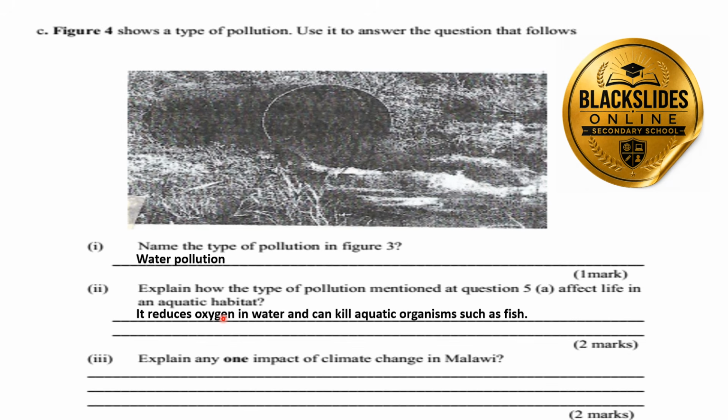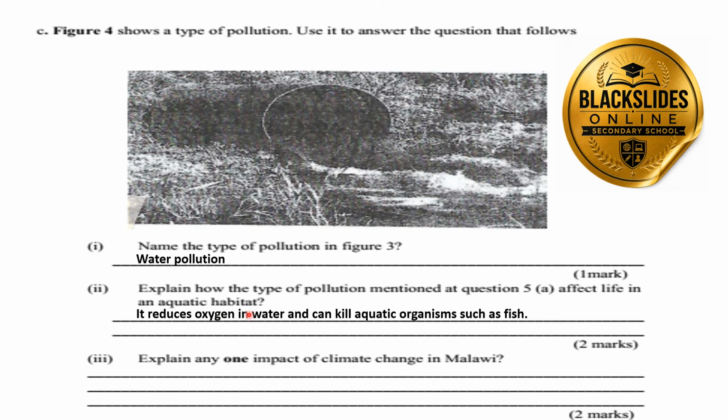So we are saying the oil blocks sunlight, preventing the light from reaching plants so that they don't photosynthesize, thereby making the amount of oxygen less.